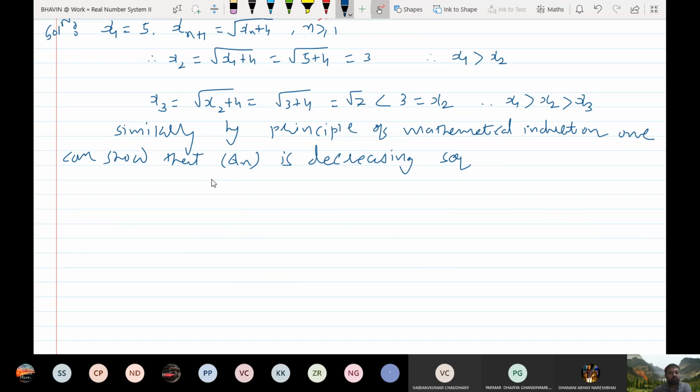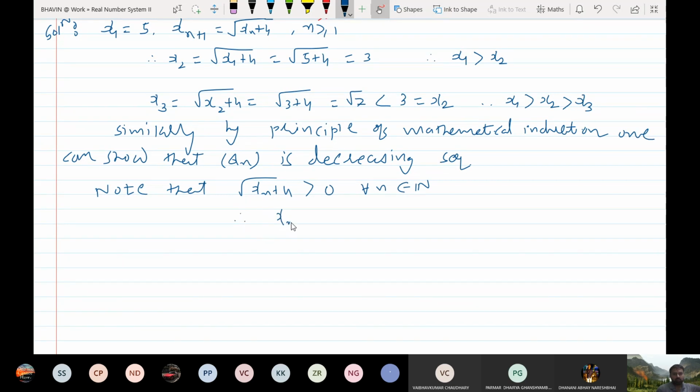Okay, so now I have shown that xn is decreasing, and what is the lower bound of the sequence? Tell me. The sequence should be bounded below. See, xn plus 4 is greater than 0 for every n belongs to N. We are considering just positive numbers.